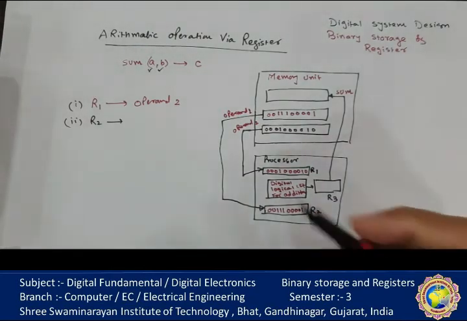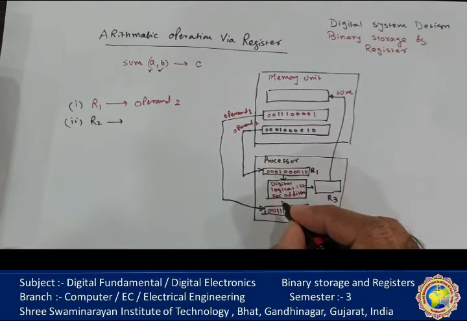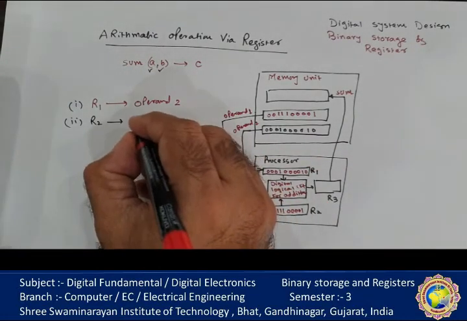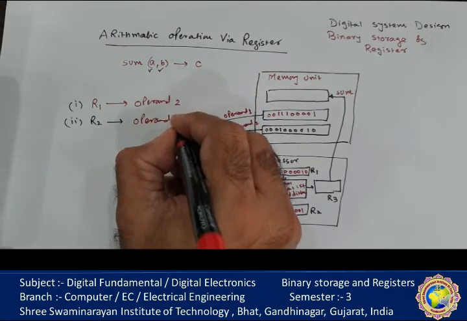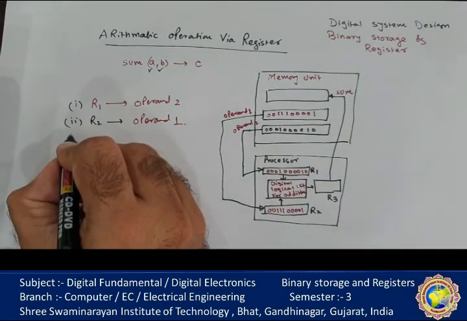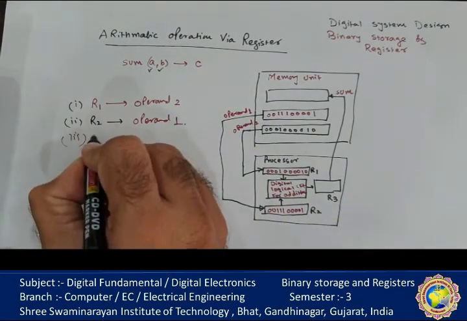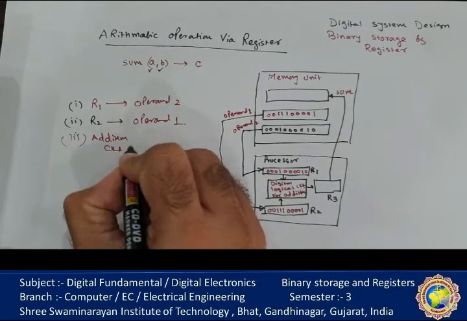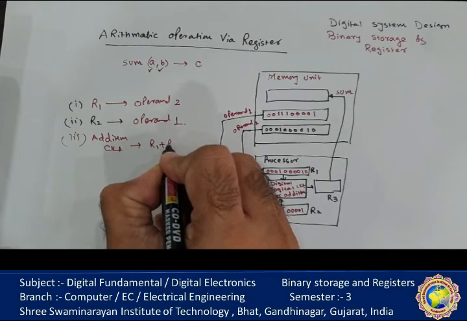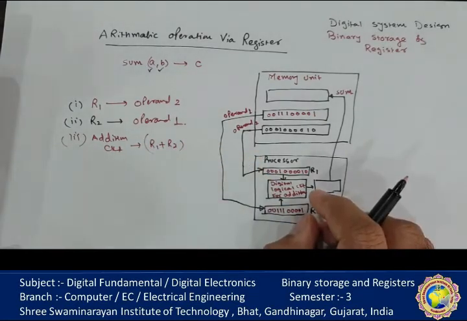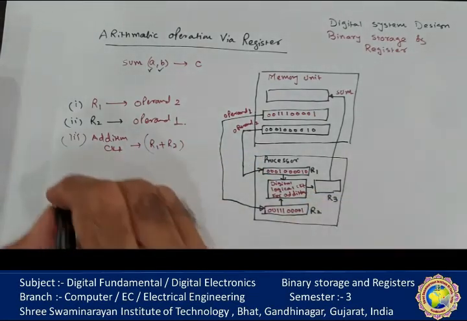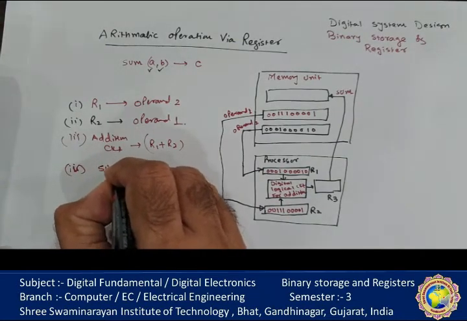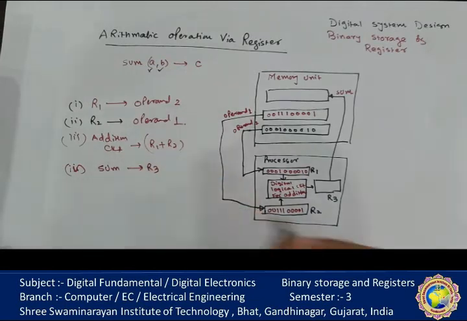This arithmetic circuit contains these two data, so the arithmetic addition circuit performs R1 plus R2, and whatever the sum is, it is stored into R3.